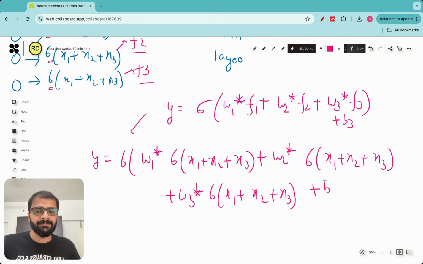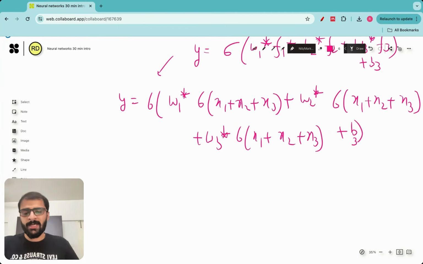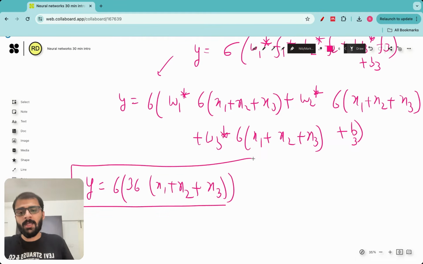There should also be B3, which is the bias of the final neuron. Now, if W1 star, W2 star, and W3 star are equal to 1, and B3 is equal to 0, my final y will look like sigma of 3 times sigma of x1 plus x2 plus x3. This is my final y.